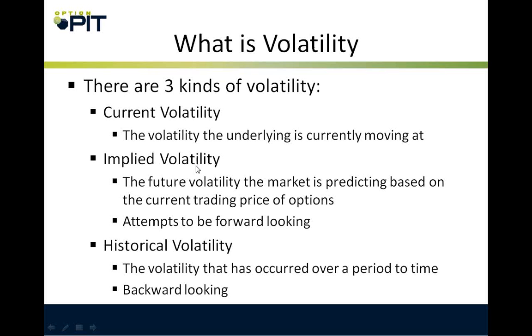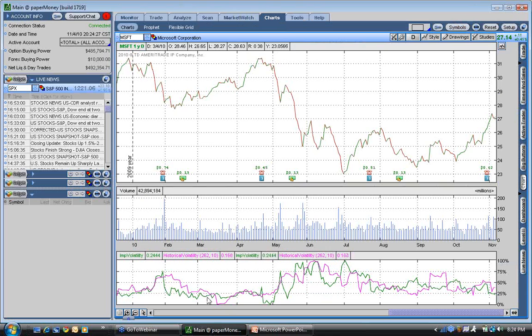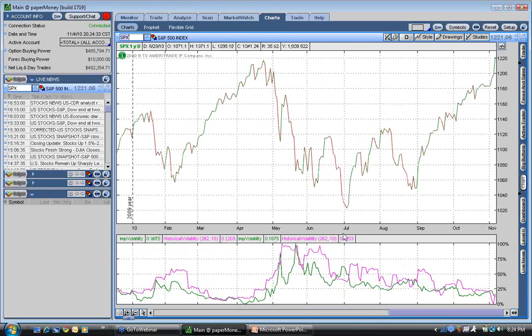It's backward-looking. So if I was going to pull up Thinkorswim and we wanted to look at a chart, we look at something like SPX, and you can follow: the purple line is 10-day vol, and the green line is implied vol. Kind of interesting.